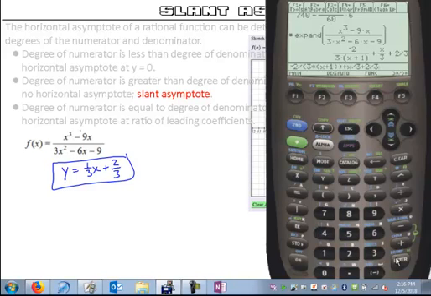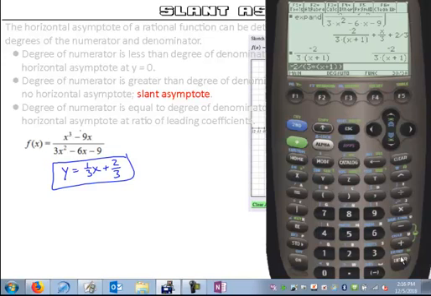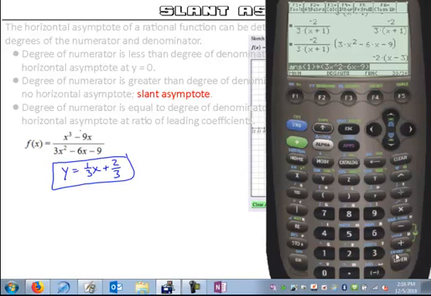Then delete the quotient part of it, delete everything that came after your fraction here. If you then hit enter and multiply that by the original divisor, so if I multiply this by the whole expression, 3x squared minus 6x minus 9, and hit enter, that's going to give you your actual remainder.